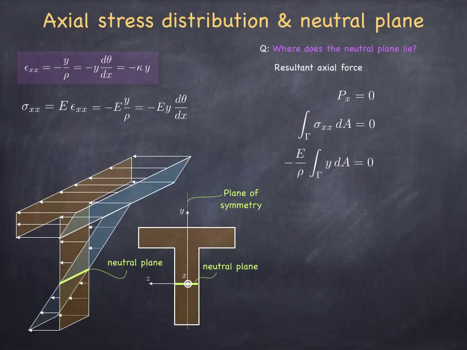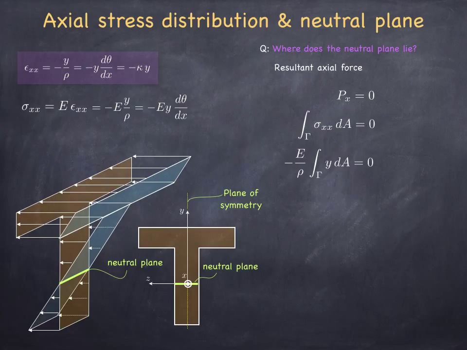On the outside we have minus E over rho, none of which in a homogeneous beam will depend on y or z, which is what dA is. dA is simply dy times dz. And on the inside we just have an integral of y dA.